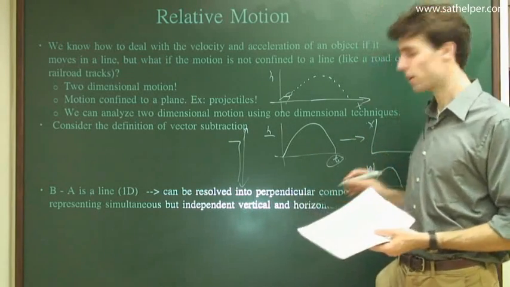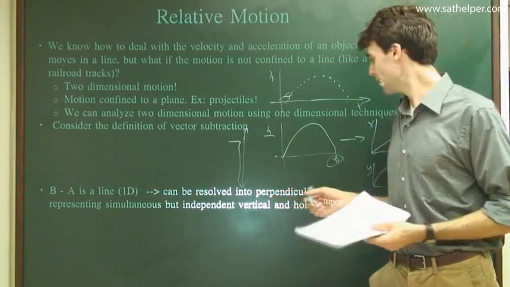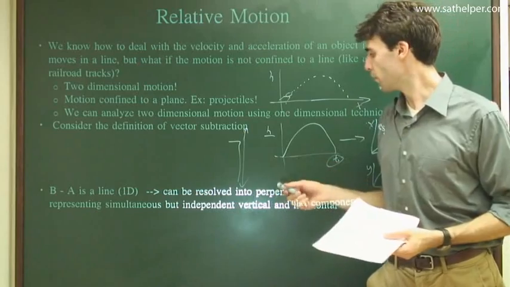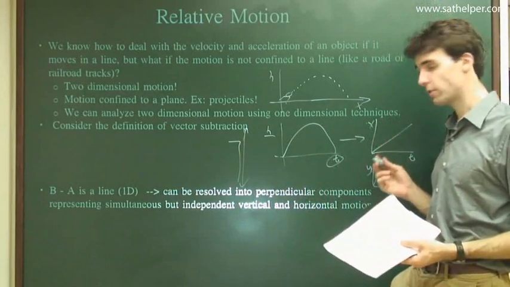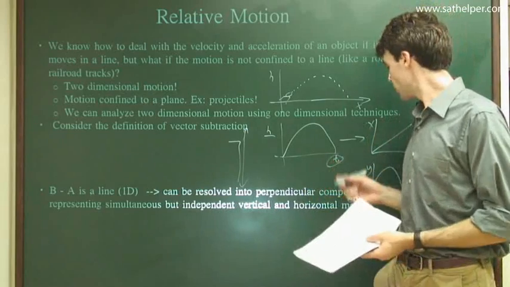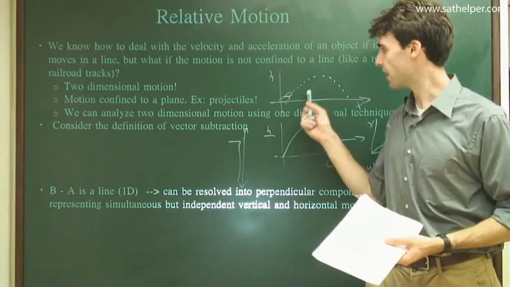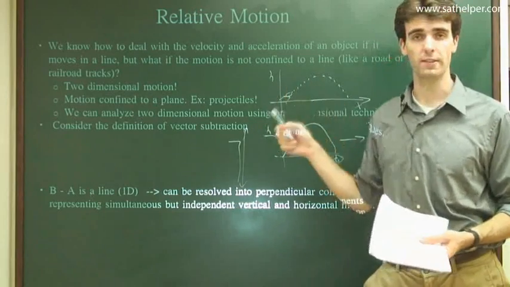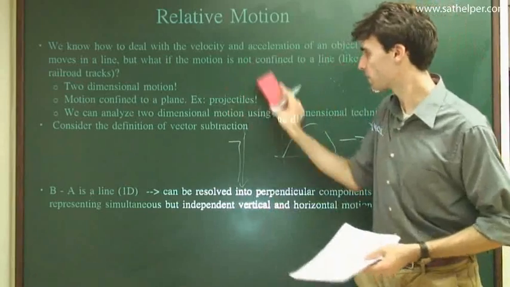But the horizontal part would be constant velocity, right? There are no forces acting in the x direction, so it moves at a constant velocity, and we learned last time the slope of an xt graph gives the velocity. So this would be the xt graph. Again, this is a distinct case where this is actually the trajectory. It's the physical path that it follows. And we're going to talk about how to analyze that.